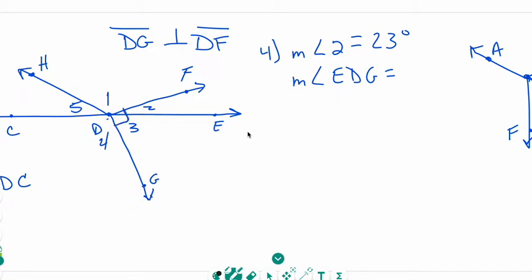If that's a right angle, then the measure of angle 2 plus the measure of angle EDG is going to equal 90 degrees. They're complementary angles.